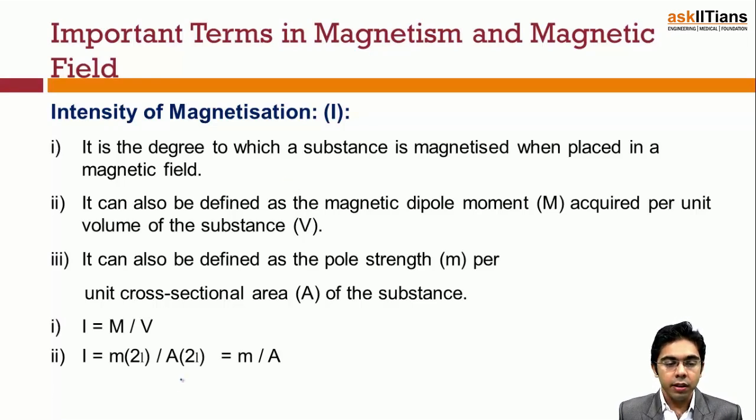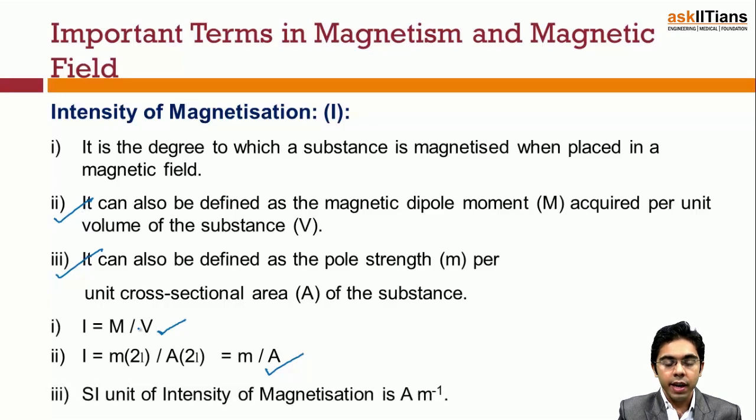So its definition is fine: it can be written as magnetic dipole moment per unit volume, or as pole strength per unit area. It's perfectly fine using either of the two. The SI unit of magnetization is ampere per meter, and the SI unit of H is also ampere per meter.